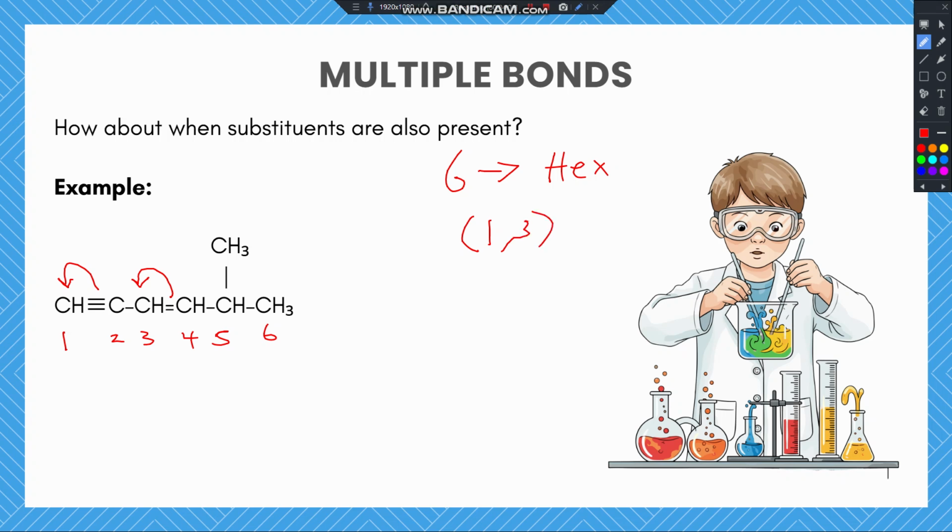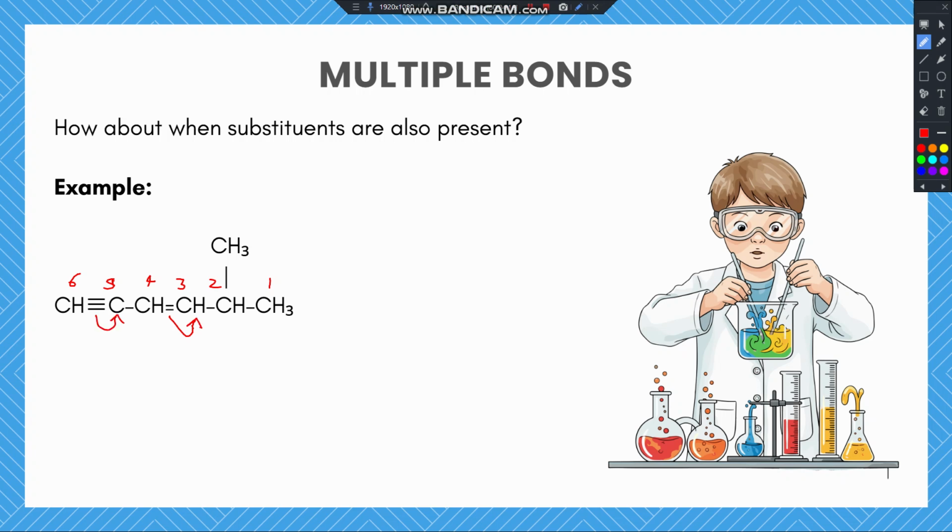But if we count from the right to the left, we have 1, 2, 3, 4, 5, and 6. The double bond is located on carbon number 3 and the triple bond is located on carbon number 5, 3, 5. For the first counting direction, we had 1, 3. For the second, we had 3, 5. So we're going with the first counting direction, which is from left to right.